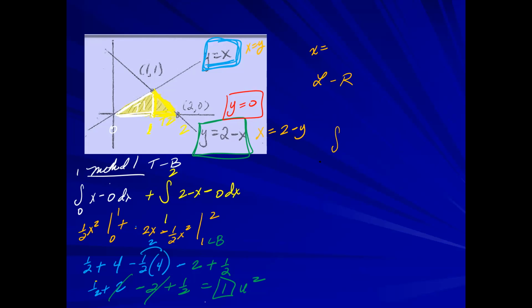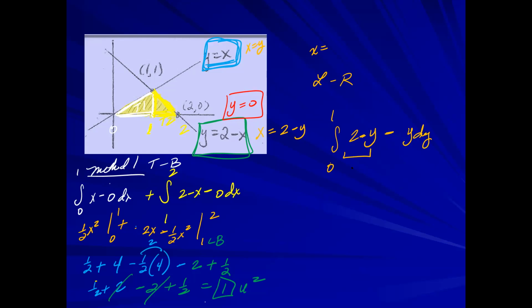So then when you do the integration of this from left to right, you'll have this from 0 to 1, and you're looking at it from your left, which is going to be 2 minus y, and then minus your right, which is just going to be y, dy.